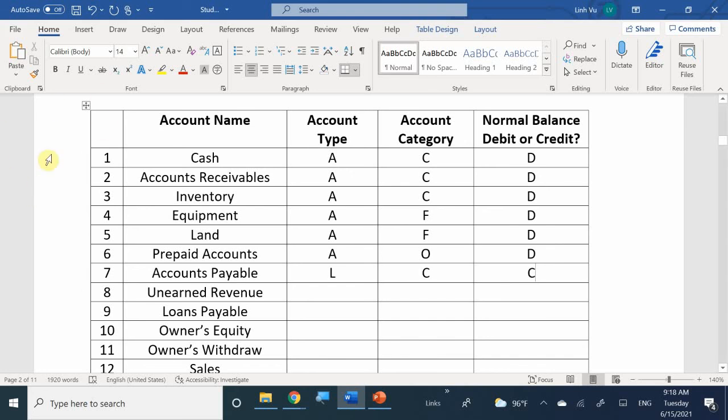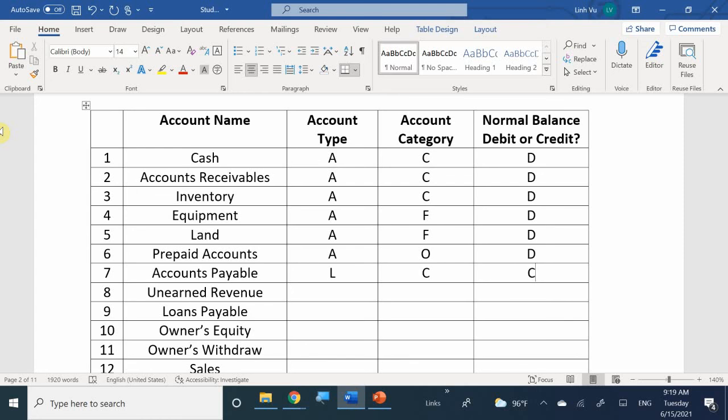What about unearned revenue? This is where customers pay you in advance for a service. Would it be an asset? If they're paying you in advance, instead of revenue, it's not revenue. It's not an asset.